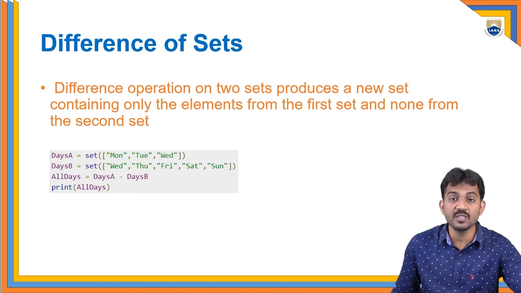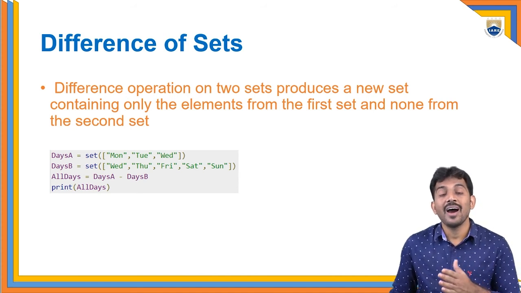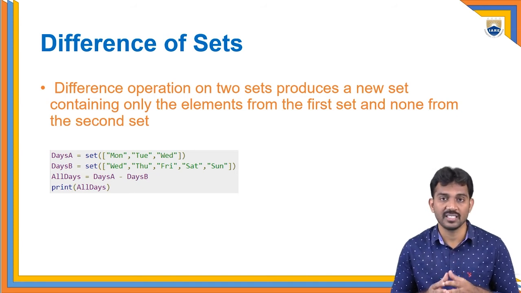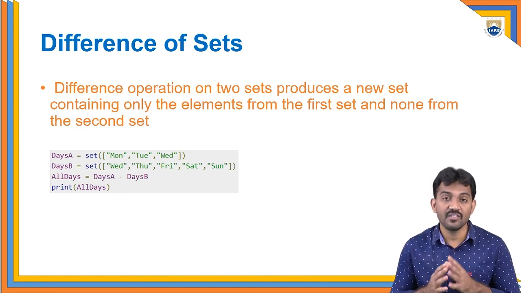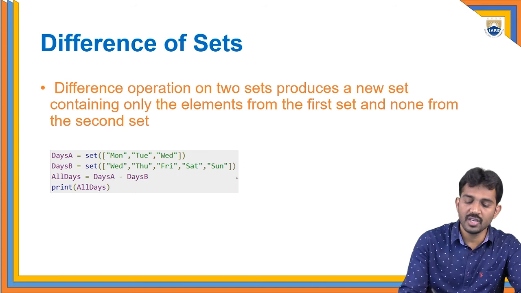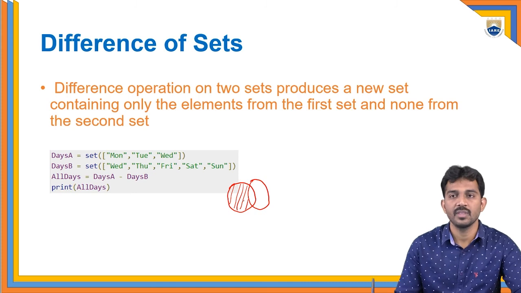A difference of the sets means it is going to remove all the elements which are available in the second set and give only the remaining elements of the first set. For example, if you consider these two sets, it's going to give only this part of the elements.